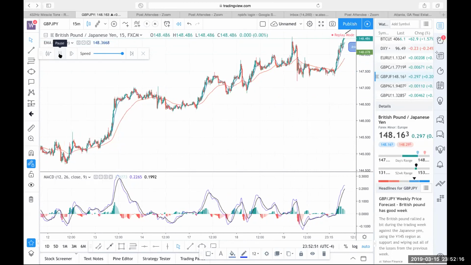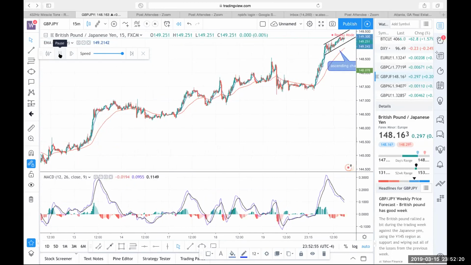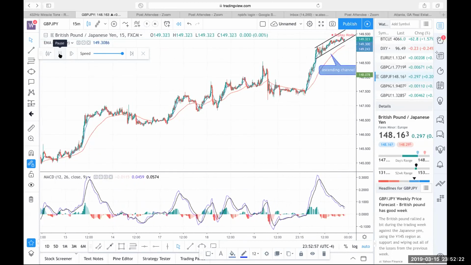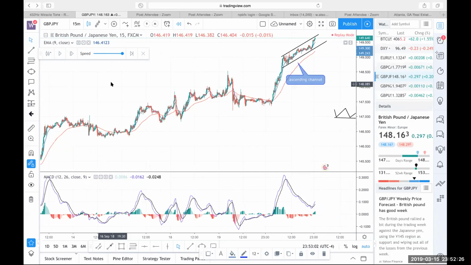Let's see. All right. What we have coming up here is an ascending channel. An ascending channel is a reversal pattern that you will see in the market quite often, and the bigger the time frame, the more the pips, as Jamie has shown you all.